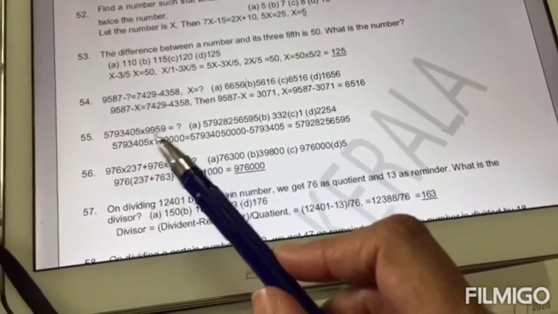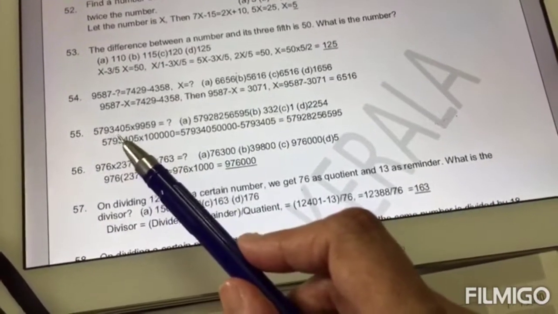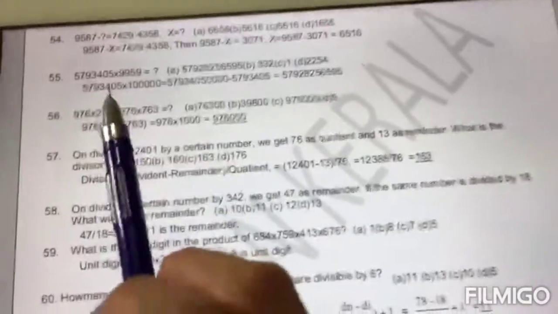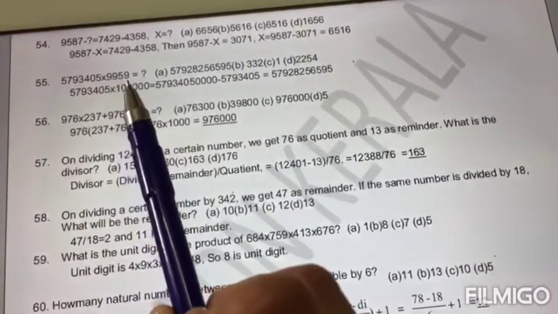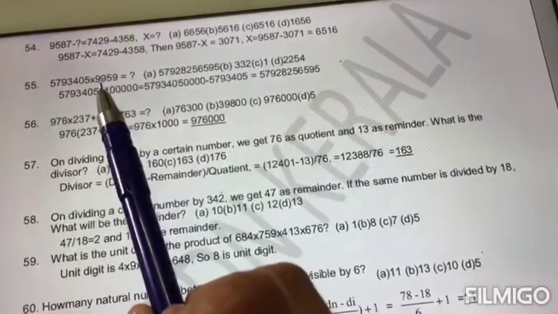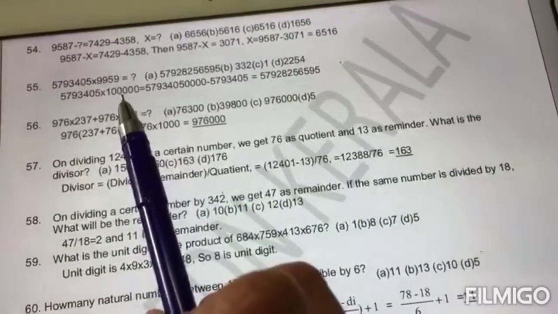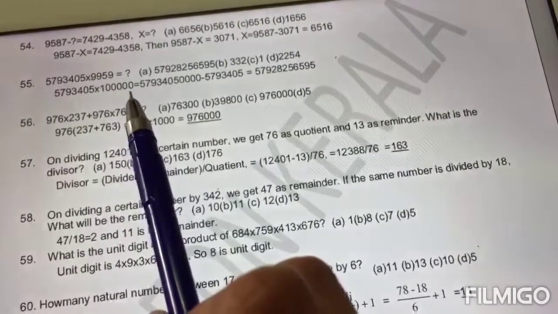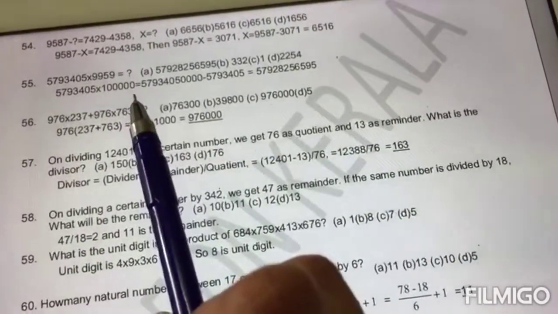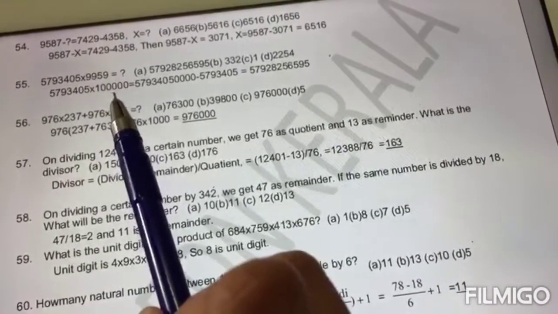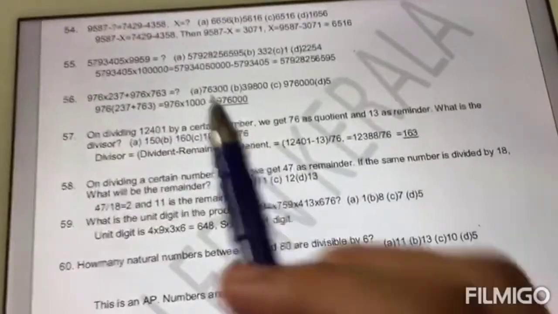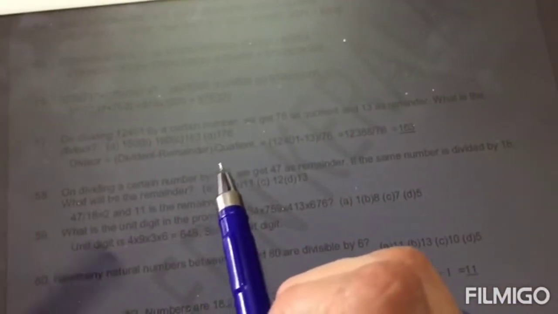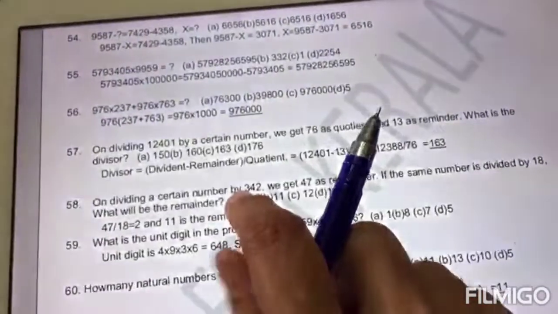Going back to 55, you can solve 55 in another way. You can do it in the same way as 56. You can write 9959 as 10,000 minus 41.